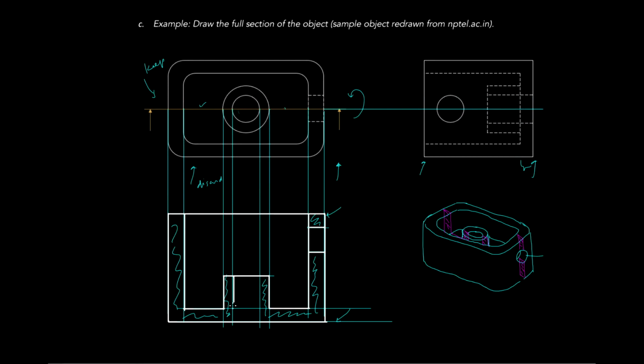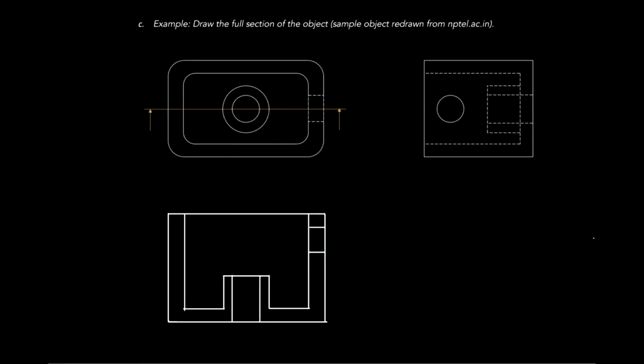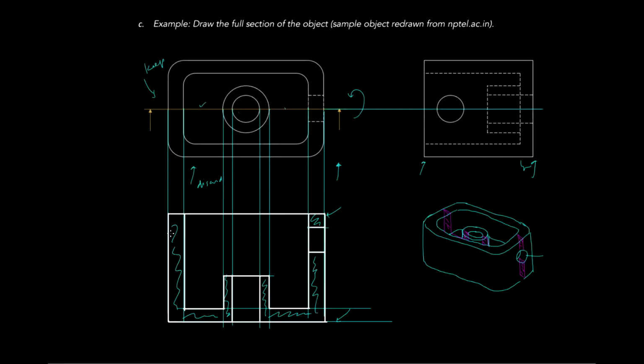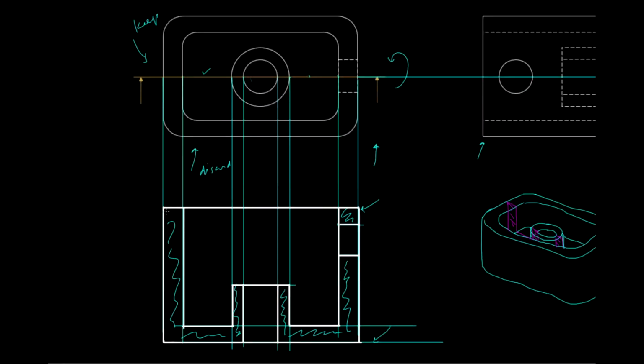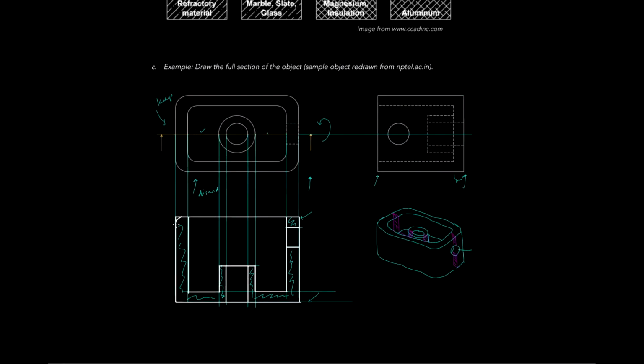Tapos ito, dire-diretso yung butas na to. From this one to that. Dire-diretso siya. Ganyan. Okay? So, tanggalin ko muna yung ano, no? Sige. Bubuuin ko muna yung hatch surface. Hope I do a good job dito, no? Hindi na parallel yung lines ko pero hayaan nyo na.